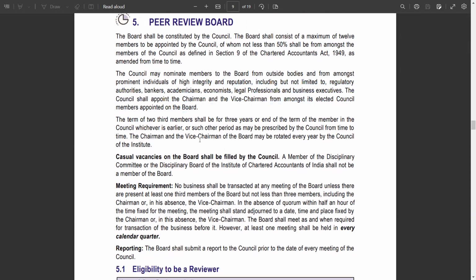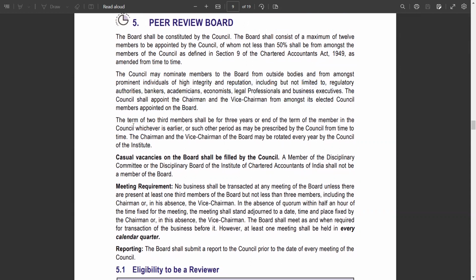These can be from other fields as well. Then we have the most important thing: the term of 2/3 of the members shall be 3 years, or the end of their terms, whichever is shorter. So if a member has a term of 5 years in council, in the peer review board it has a mandatory term of 3 years.